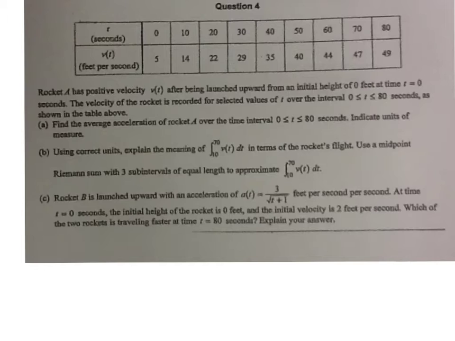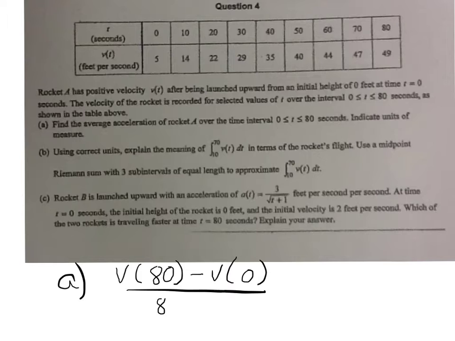So on part A, you're going to find the average acceleration. So we could take the velocity at 80 seconds minus the velocity at 0 seconds over 80 minus 0.